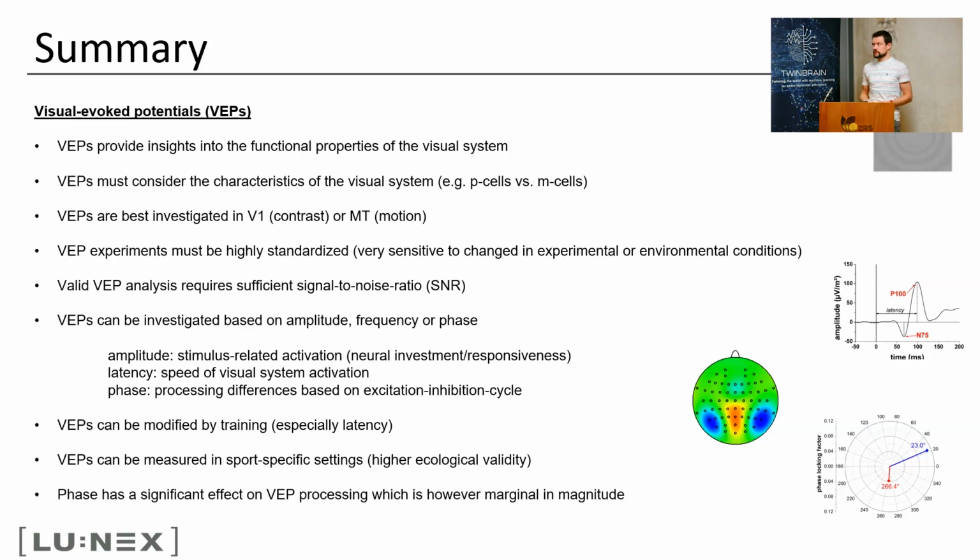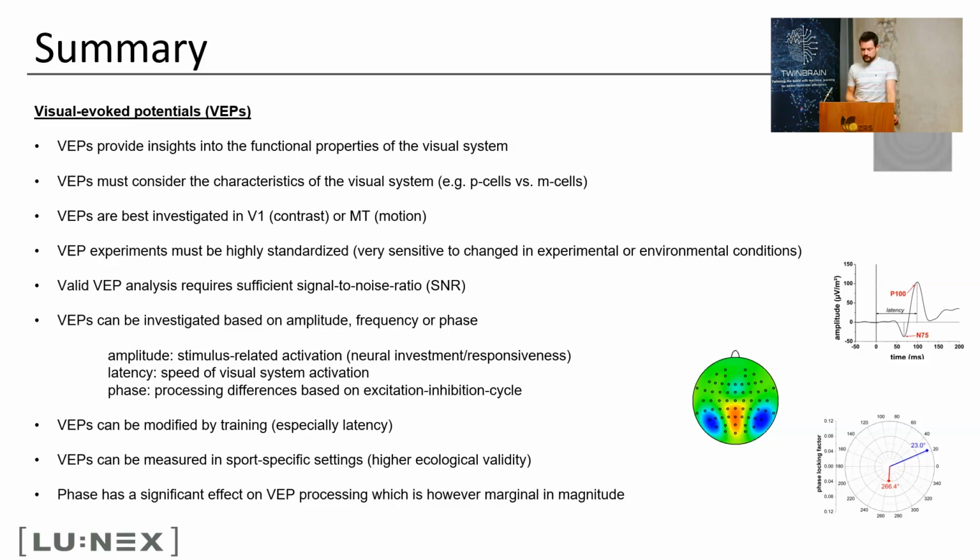We must consider the characteristics of the visual system. So when you are using VEPs, you have to think in advance, what exactly do you want to investigate? Are you more on the P cell level? Are you more on the M cell level? Is it more about luminance contrast, color contrast, or motion? And then you have to define the stimuli accordingly.